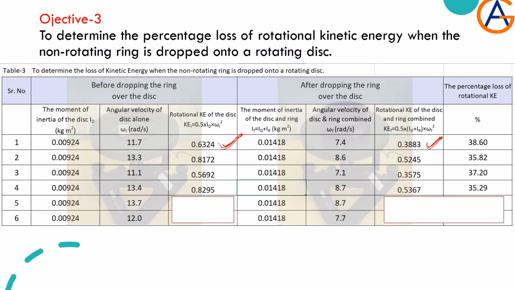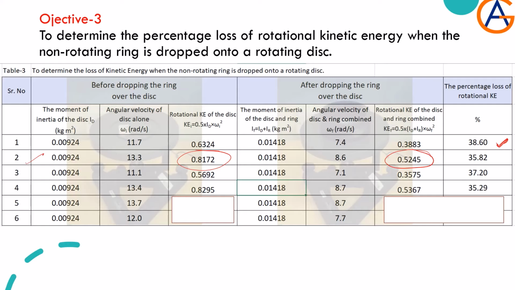Subtract these two numbers, divide by the original initial value, and multiply by 100, so we get the percentage difference. The percentage loss of rotational kinetic energy we got is 38.60%.